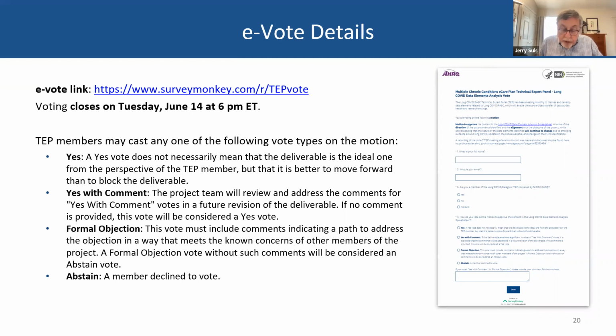And that vote of yes would mean it moves forward and the deliverable is not blocked. The second possibility is yes with comment, where the TEP member reviews and addresses it by saying yes with comment, and then indicates what that comment is.